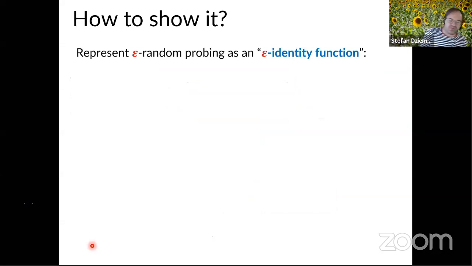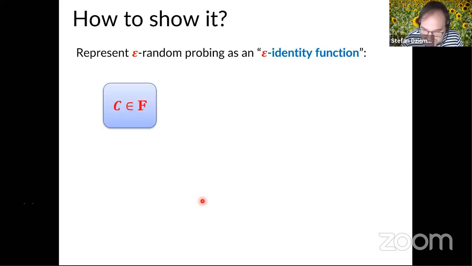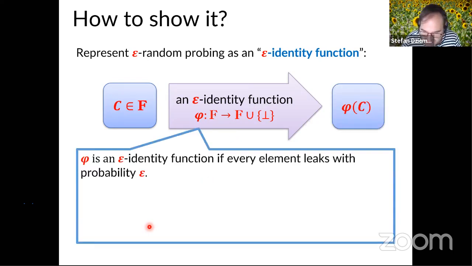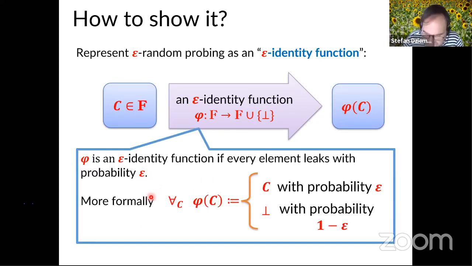Okay, so how to show it? Again, I don't have time to show it, and I even didn't define precisely what noisy leakage means. But basically what we do is we start with the following. We represent this epsilon random probing as an epsilon identity function, which is simply a function that works like this.